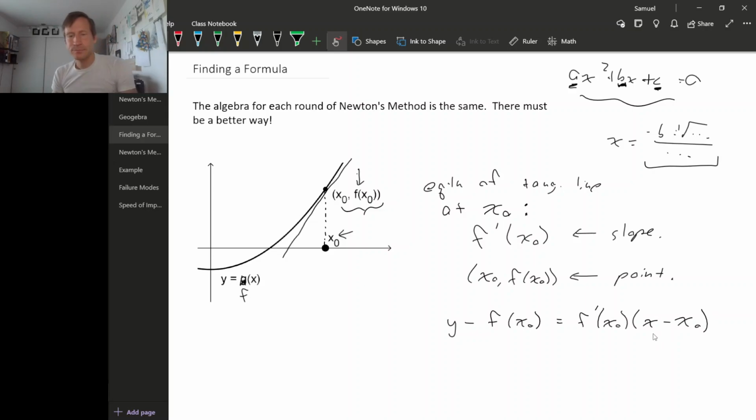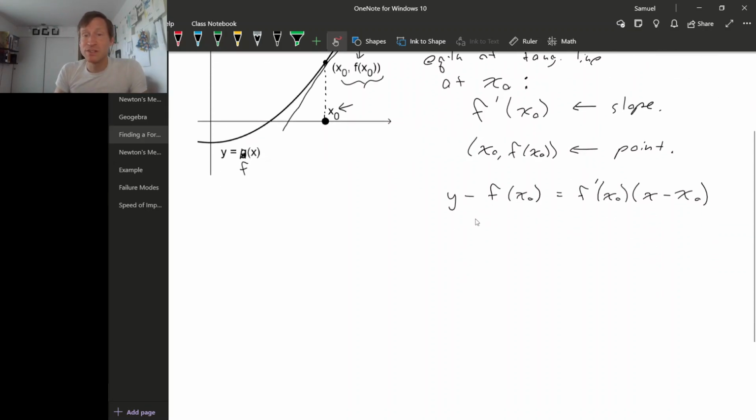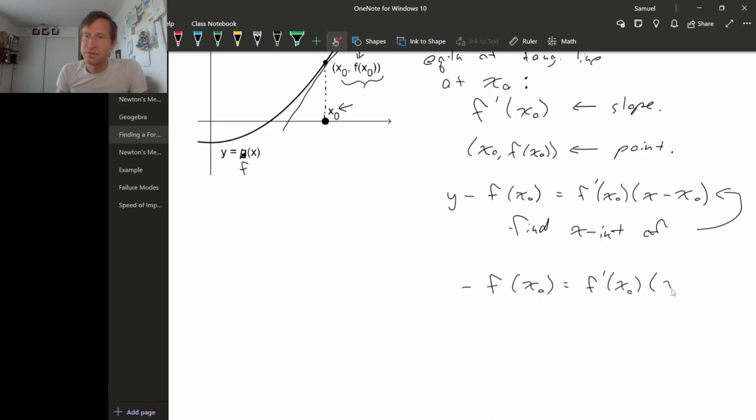Okay, now remember, we were going to find the x-intercept of this tangent line. And to find the x-intercept, you plug in 0 for y. So we get minus f of x sub 0 equals f prime of x sub 0 times x minus x sub 0. And then we just solve this for x. So let's divide both sides by f prime of x naught.